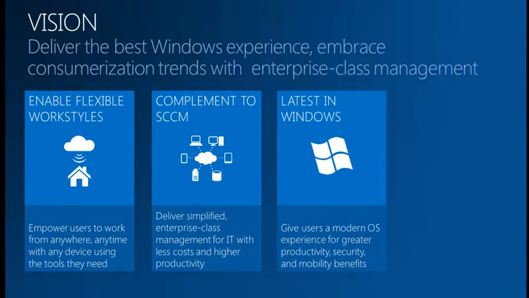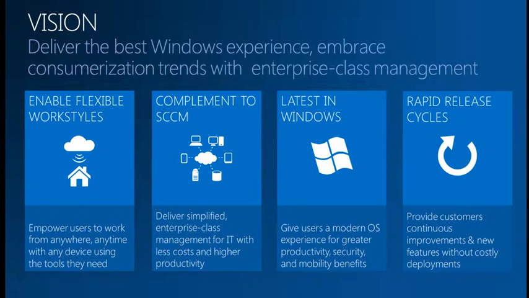We want to provide value with providing you latest version of Windows, because Windows Enterprise Upgrade Rights is part of Windows Intune offer. So you can always get the best-in-class, secure and reliable client platform from Microsoft. And last but not least, we want to enable delivery of features based on really rapid release cadence.